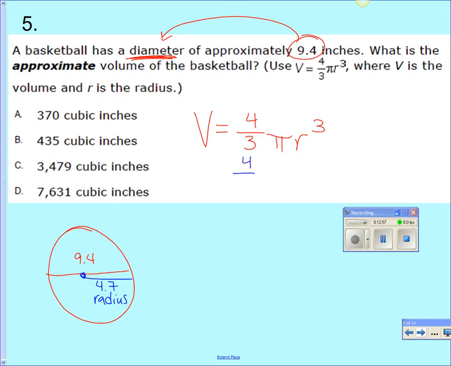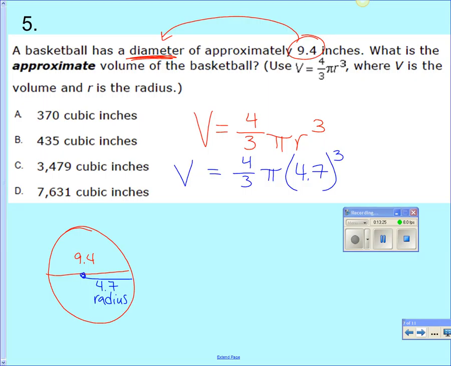So I drop down the 4/3, I drop down the pi, and then I put 4.7 in the R spot. Okay. All right, Chad, what do we do next? Very good. You just type it in the calculator. You already have the letter by itself. You don't have to do any more work.